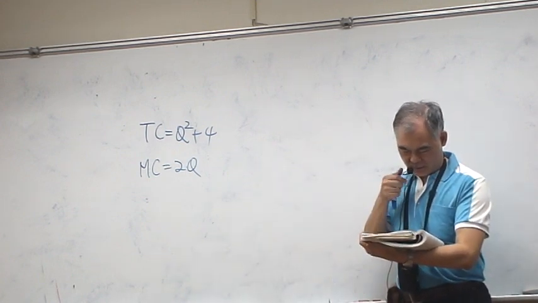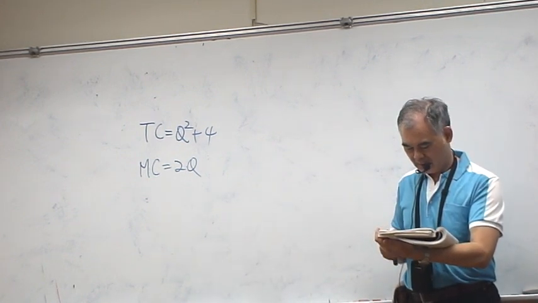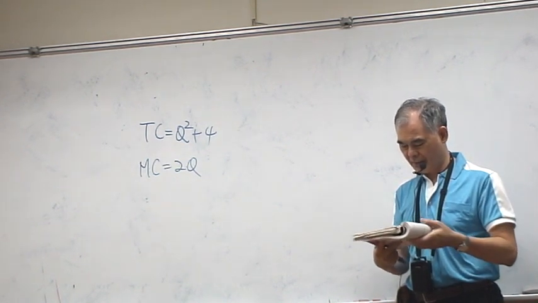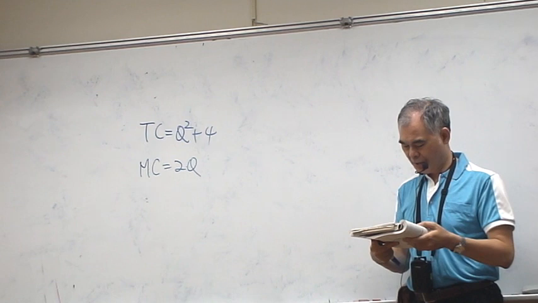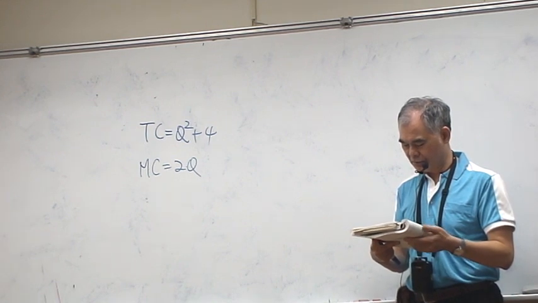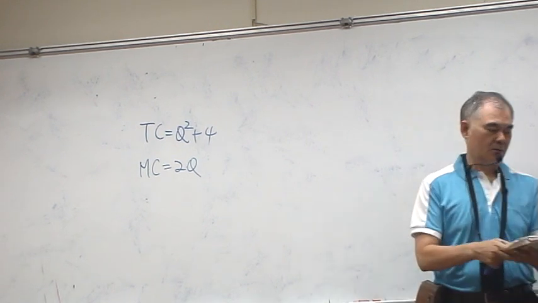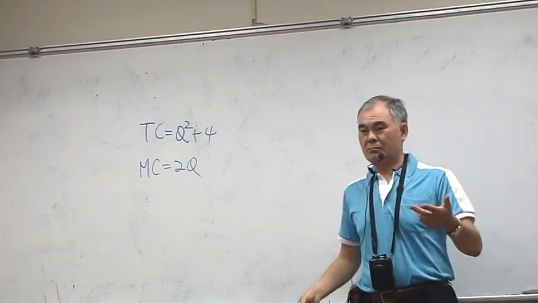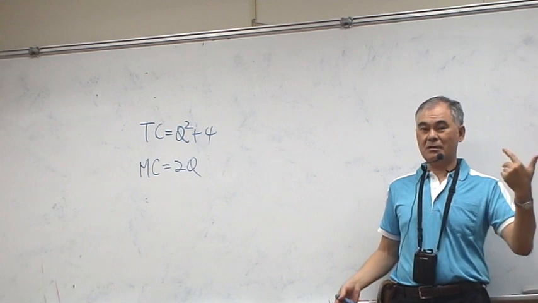And then he said, sketch the MC and AC curves on the same set of axes. And at what output does the average cost reach its minimum? So actually, the answer is in the question.